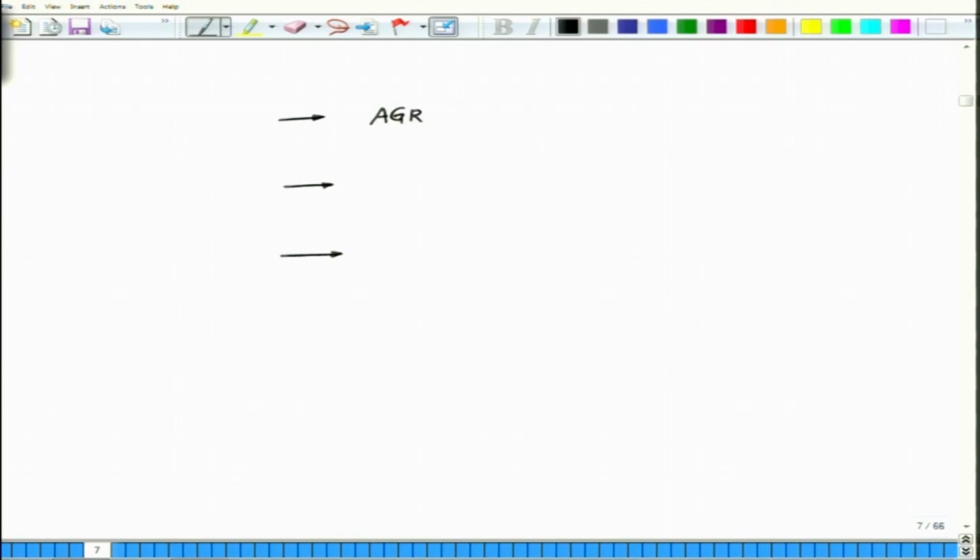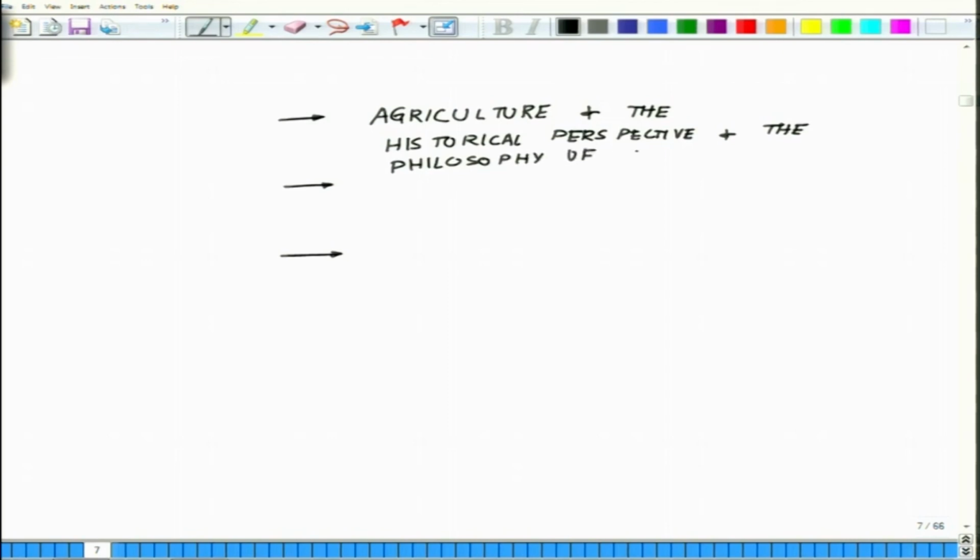Segment 1 will be, as I am doing it now itself in the last 2 classes, agriculture and the historical perspective and the philosophy of application of nanotechnology in agriculture.